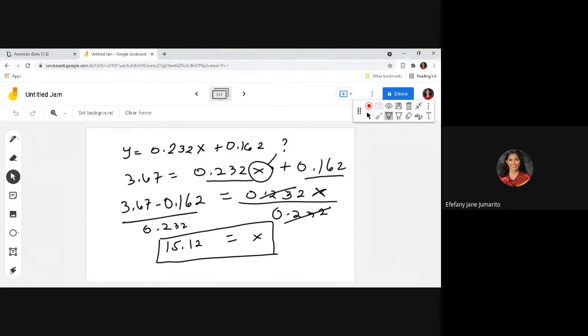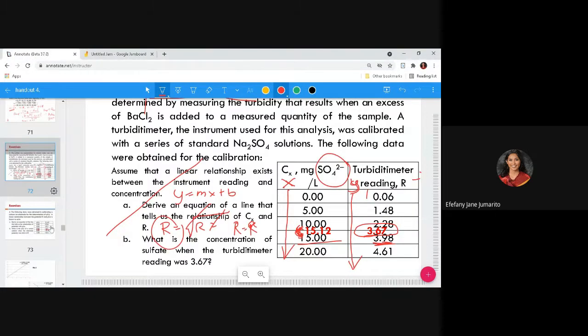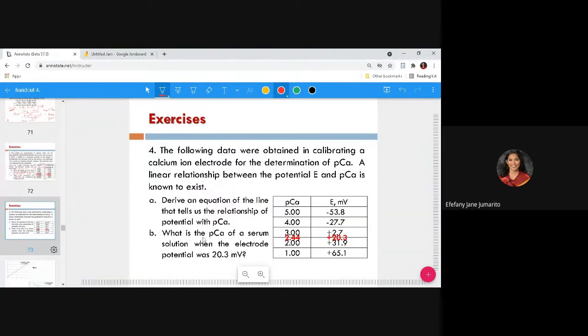Now, there are answers, however, you practice. For practice lang. Okay, so exercise number 4. You do exercise number 4. Now, if you have an Excel, then good, because I want you to draw it in a line.